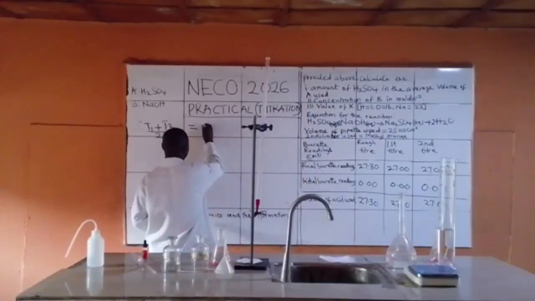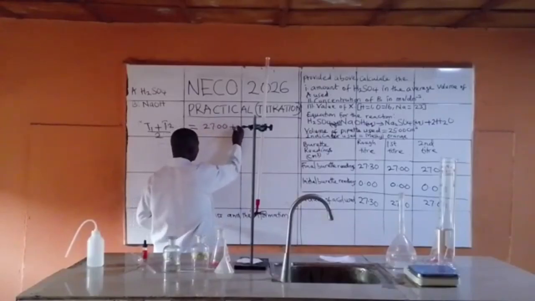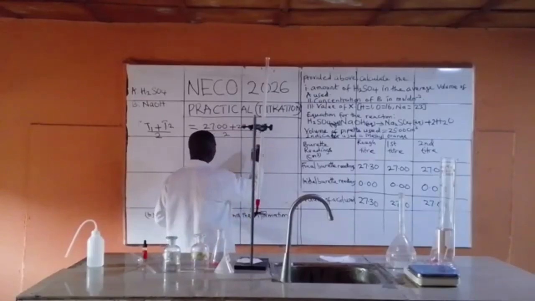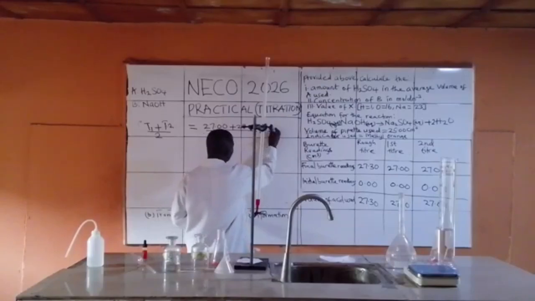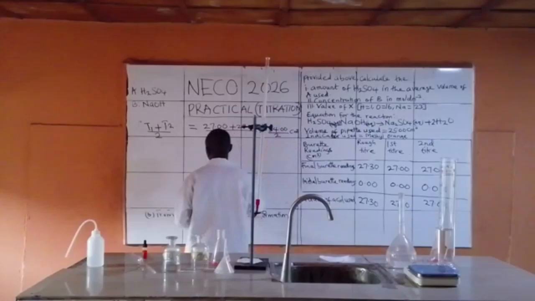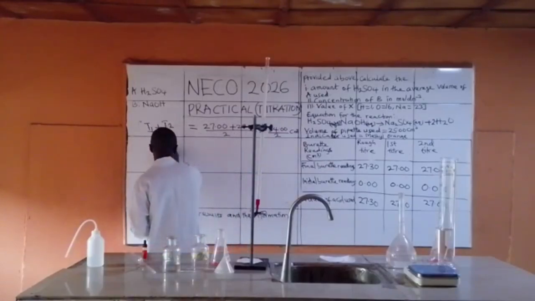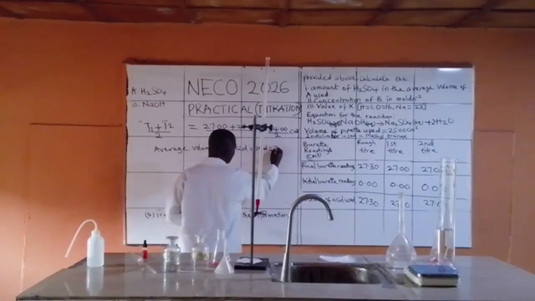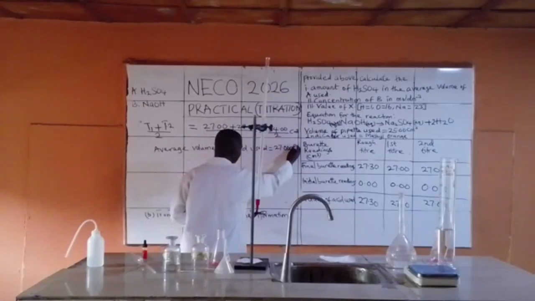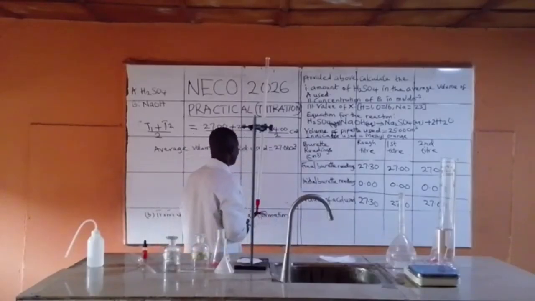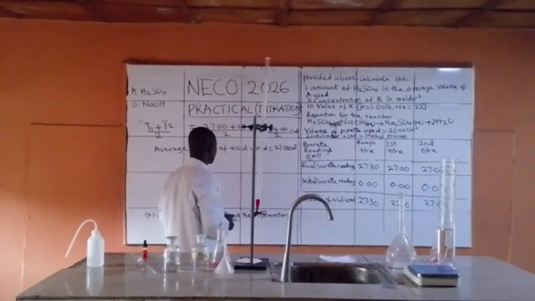This is equals to 27.00 plus 27.00 divided by 2, which is equals to 54.00 divided by 2 in centimeter cube. So which means that the average volume of acid used is equals to 27.00 centimeter cube, which is our average volume of acid used.